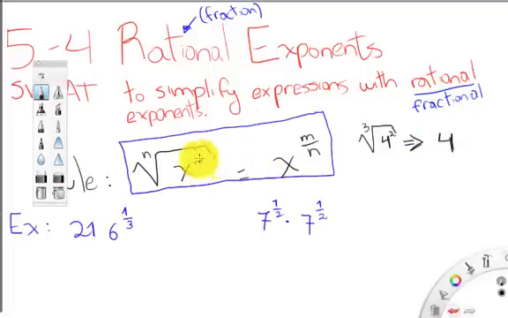The exponent inside goes as the numerator, and the root goes in the denominator. So the cubic root of 4 squared is the same thing as 4 raised to the 2/3.